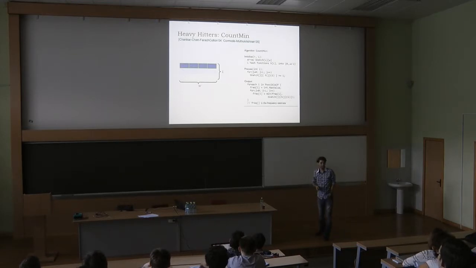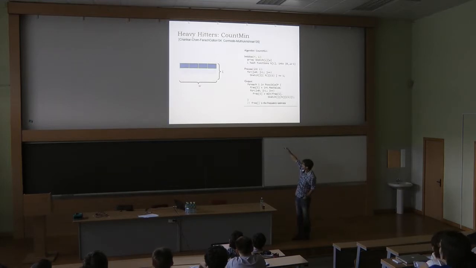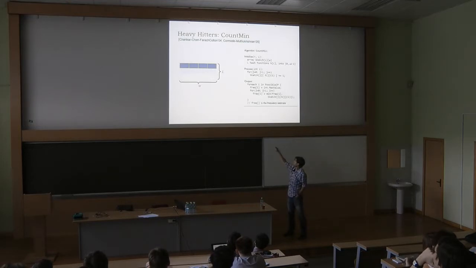We call this number L. This table will be what we'll store. It's called the sketch. So this is the table, a 2-dimensional array, with L rows and W columns, and we'll store some numbers there.